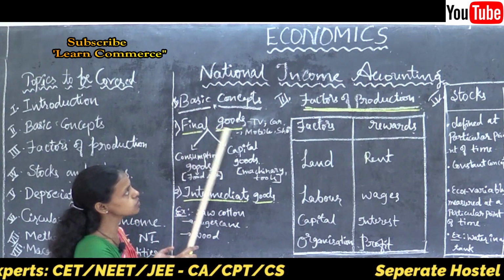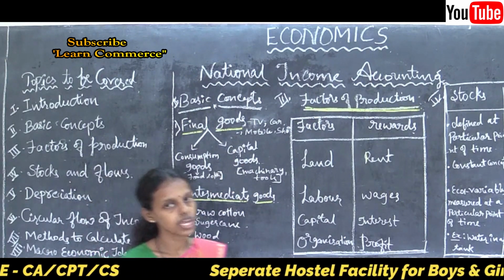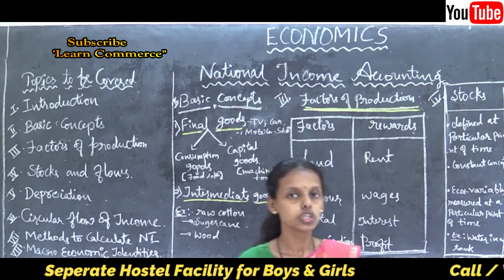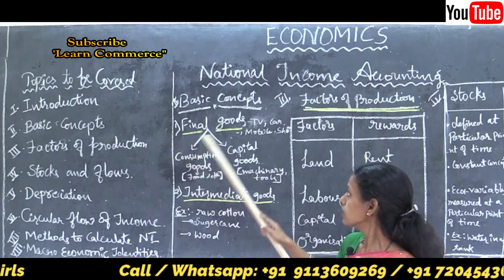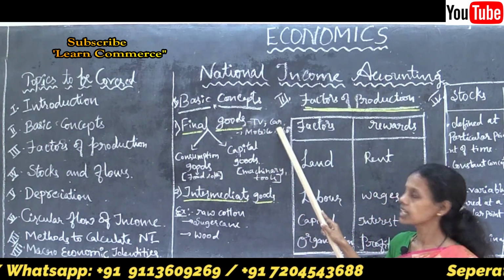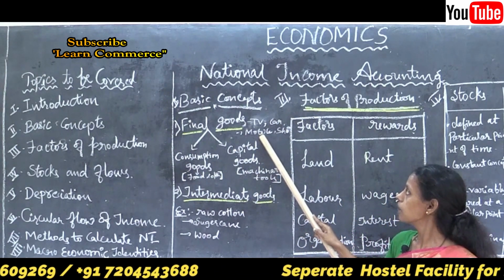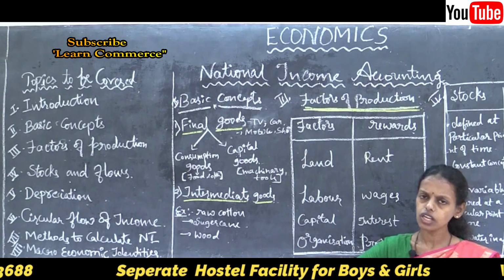Final goods are meant for final consumption or ready to use as consumption. For example, TV, car, automobile, mobiles and shoes are all final goods.